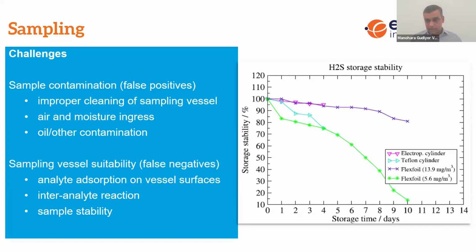Some of the coating technologies lead to complete degradation of a sample in around 10 days. If you don't do all of this, there is no way to figure out why you're getting what you're getting. So you need to be very careful when designing the sampling of your system and sampling of the CO2 stream.